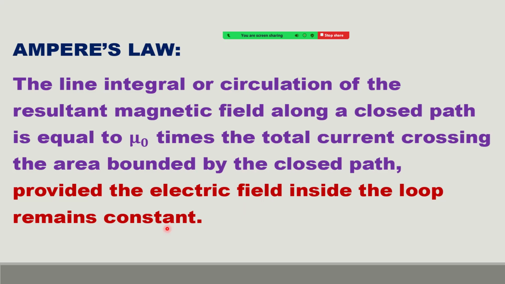That means the magnetic field is only because of the current carrying wire. If the electric field is changing, it produces a magnetic field, and then the net value will change. But here our goal is only to calculate the field because of the current carrying wire. That's why this condition is here.